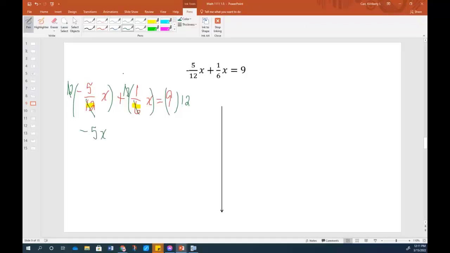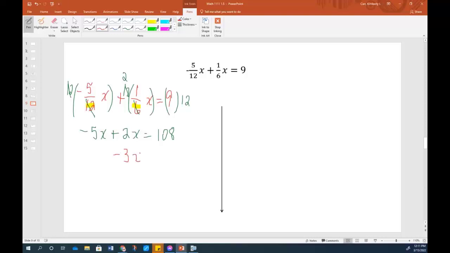Now 6 will go into 12 2 times, so I've got 2 times 1x, just 2x. And then this one is 108. All right, negative 5x plus 2x then is, but you see I've got my fractions gone in just that one step. So that's the purpose if you want to do that.